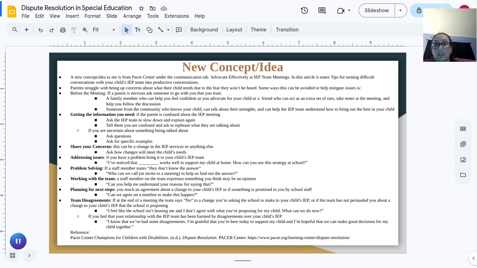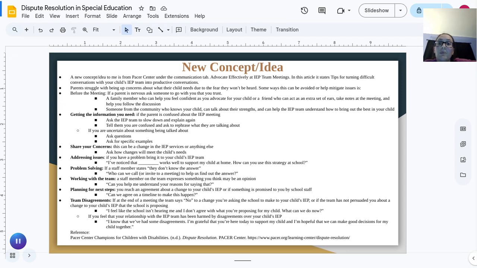Like a family member who can feel confident as your advocate for your child, or a friend who can act as an extra set of ears and take notes for the meetings and help you follow the discussion. And then someone from the community who knows your child can talk about their strengths and can help the IEP team understand how to bring out the best in your child.